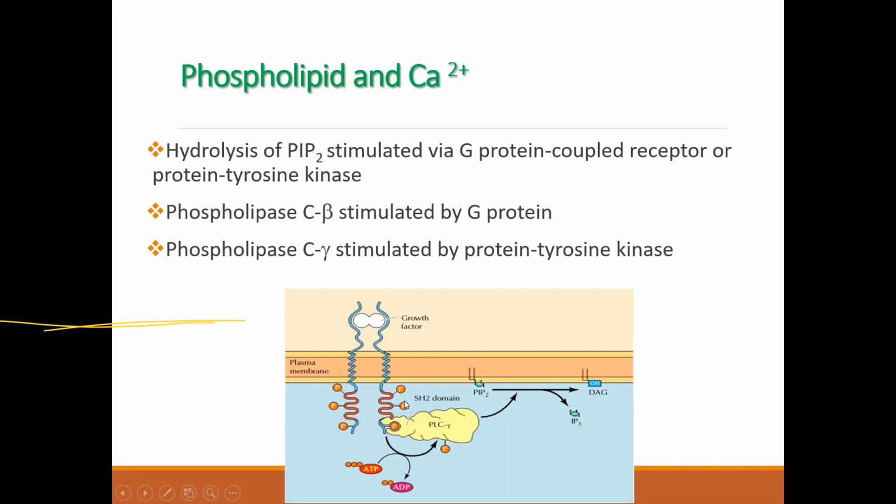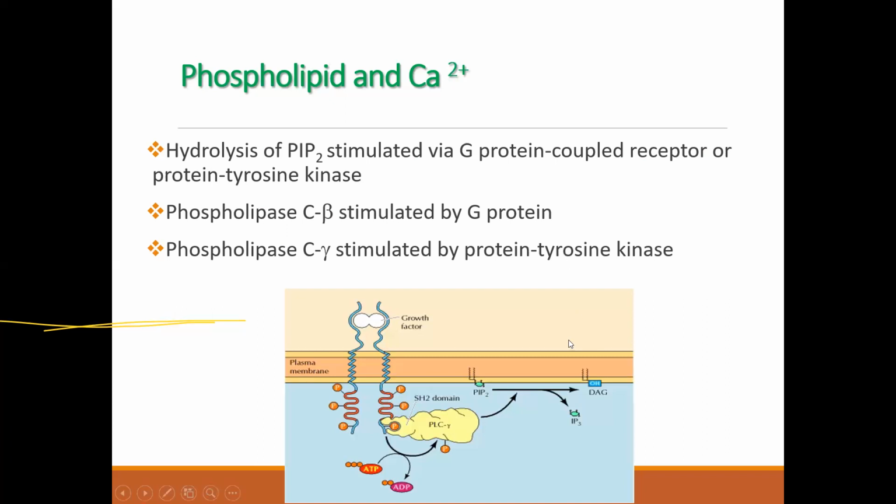It phosphorylates the enzyme phospholipase C gamma, which becomes active and hydrolyzes PIP2 to get two products, DAG and IP3. These two substances are the second messengers for intracellular signal transduction.